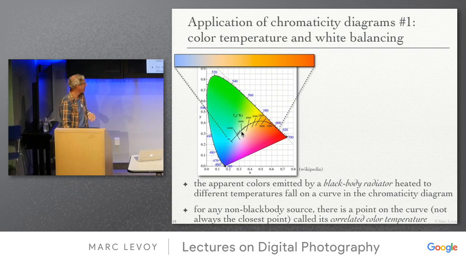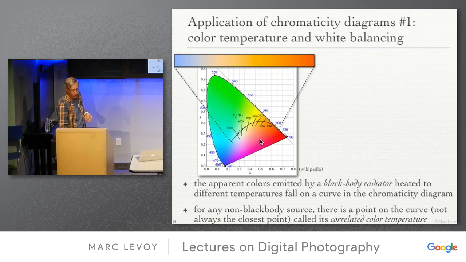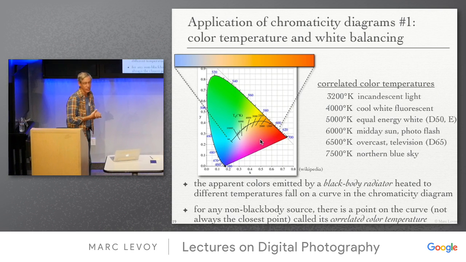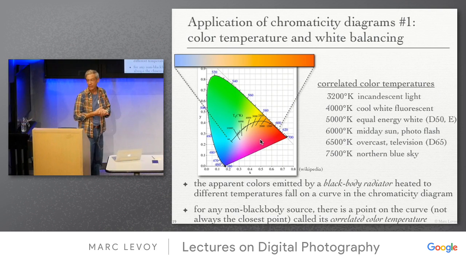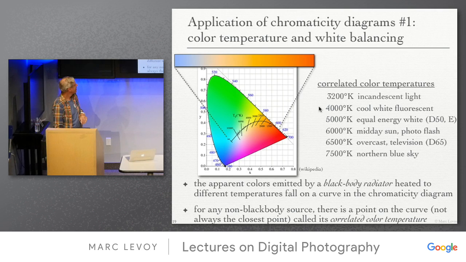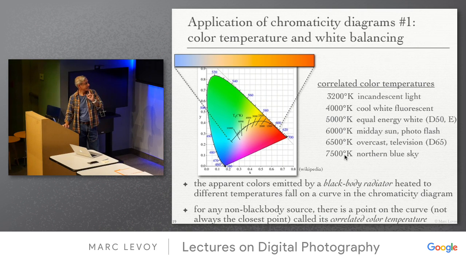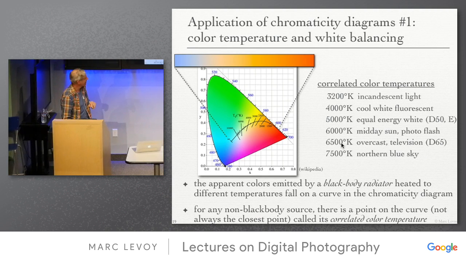But you can just think about it as some close point is called the correlated color temperature. And so here are the correlated color temperatures for some common light sources. This might be close to a black body radiator, might actually sit on the curve, but the other ones don't. But here are their correlated color temperatures. Okay, so this one's special, D65. We'll talk about that in a moment.